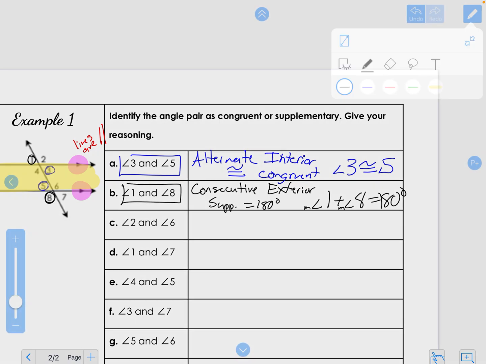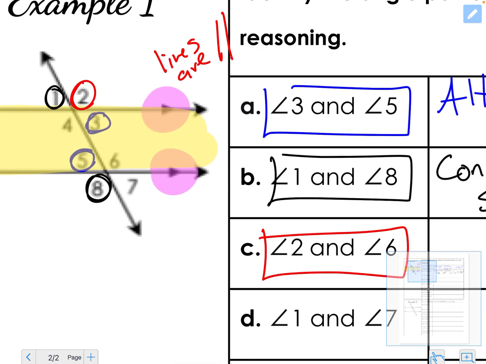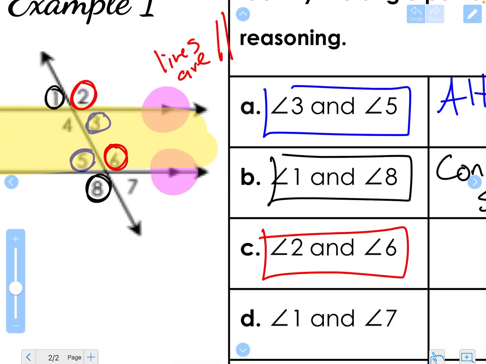I'm going to try and keep this color-coded as much as I can, but I'm going to end up repeating colors. So 2 and 6. So I have angle 2 and I have angle 6. They're on the same side of the transversal, so they're either going to be consecutive or corresponding. 2 is above one of my parallel lines, and 6 is also above the other parallel line.